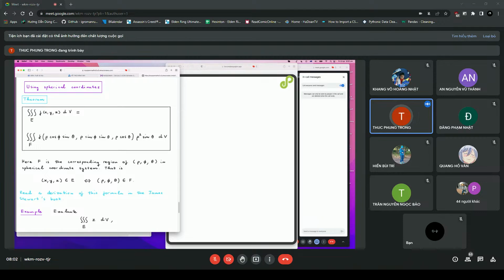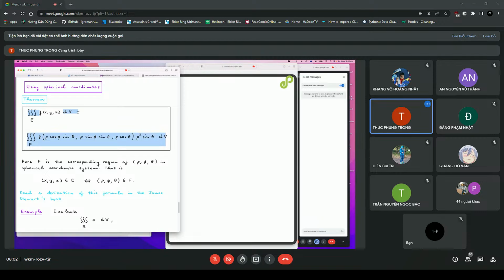So basically, this term is exactly f of x, y, z written in spherical coordinates. And then right here we have dV. You can imagine that dV is exactly dx dy dz. And we have the following formula.